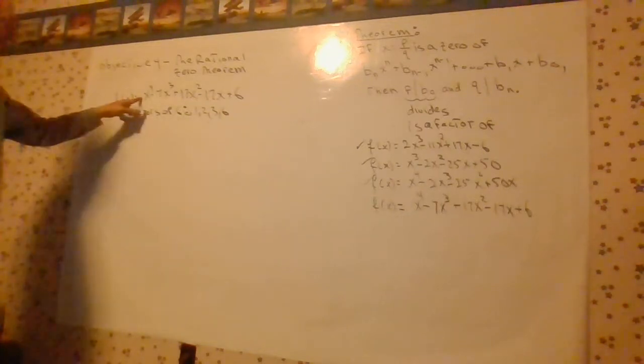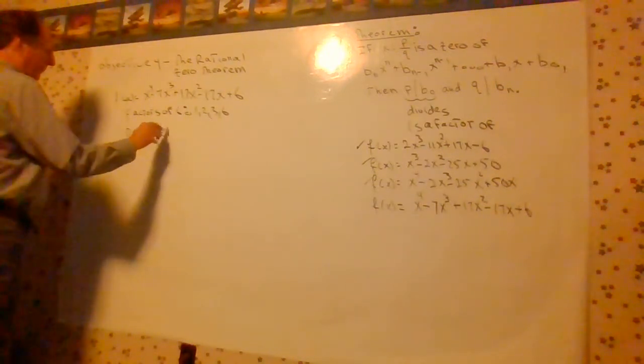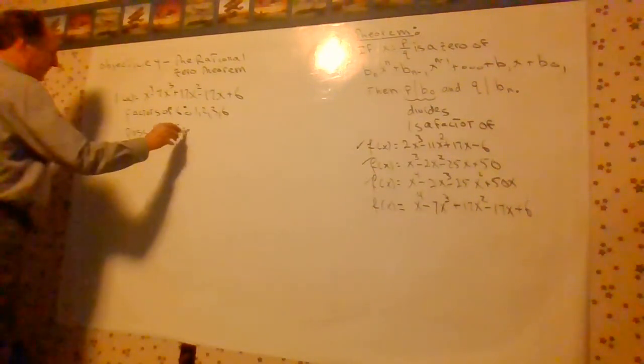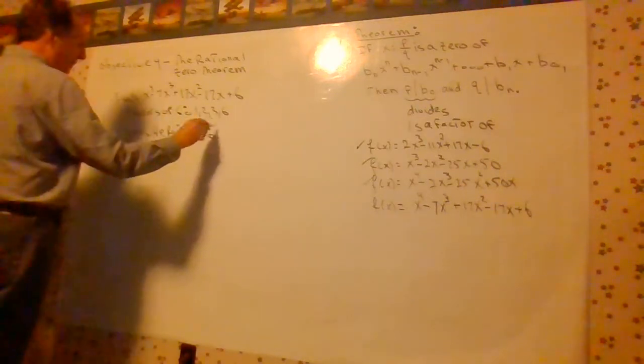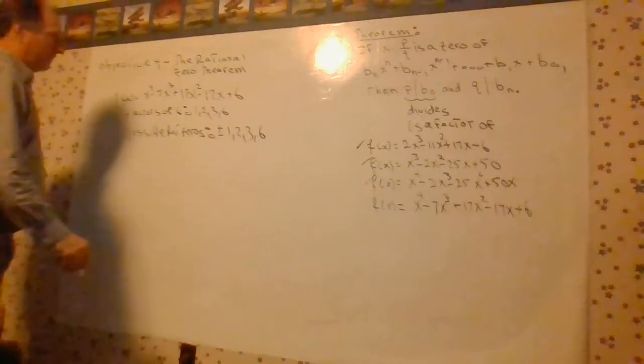Since the leading coefficient is 1, we can just skip the possible rational zeros, plus or minus 1, 2, 3, 6.